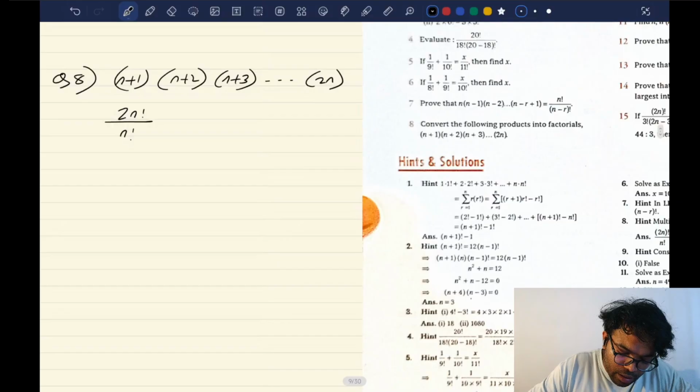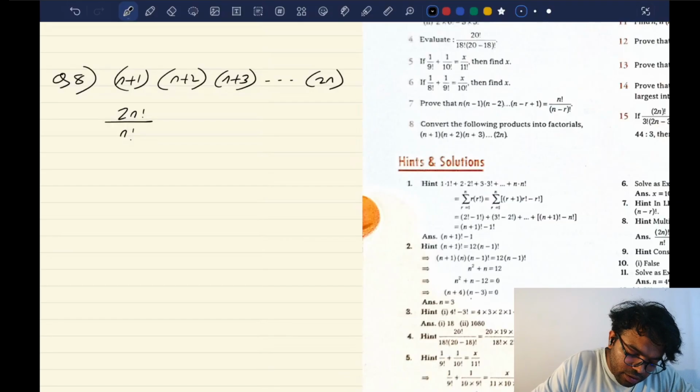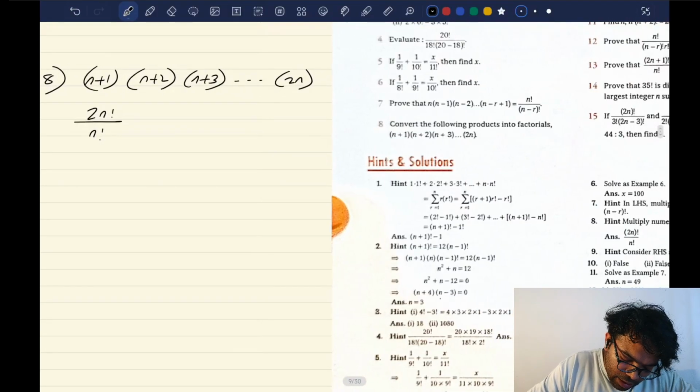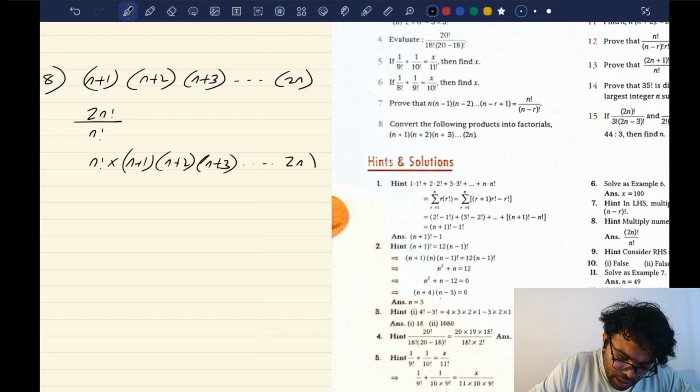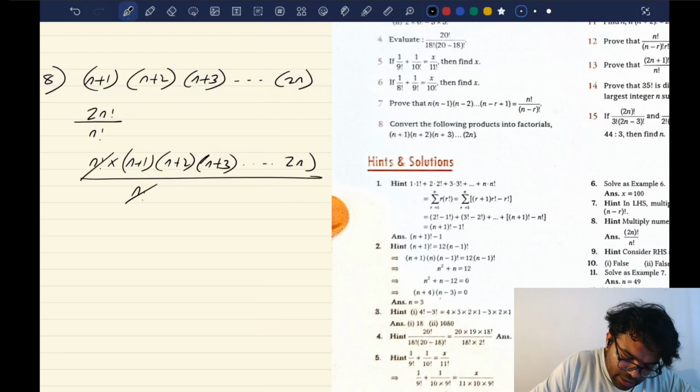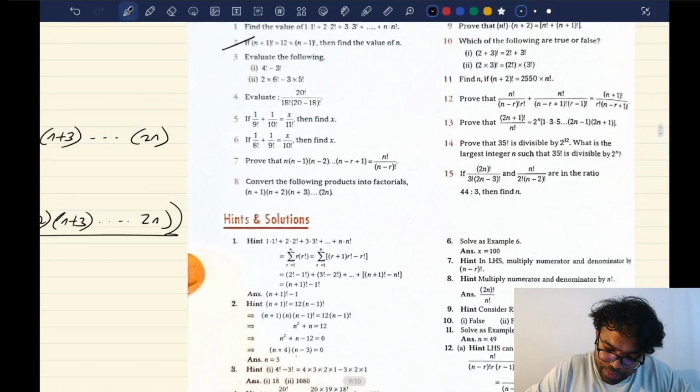Correct? This was a direct easy question, because you can write it as n factorial multiplied by n plus 1 into n plus 2 into n plus 3 dot dot dot 2n upon n factorial. This and this gets cut off. We'll be left with this. So this is the answer.